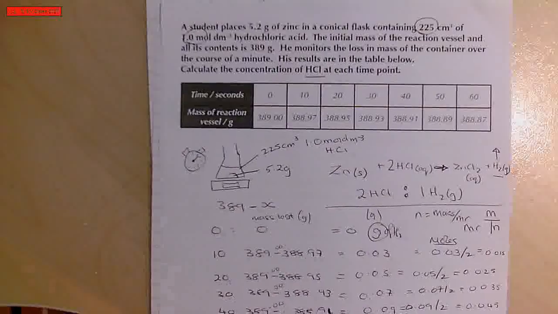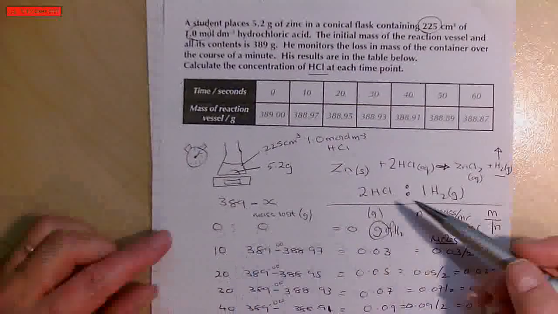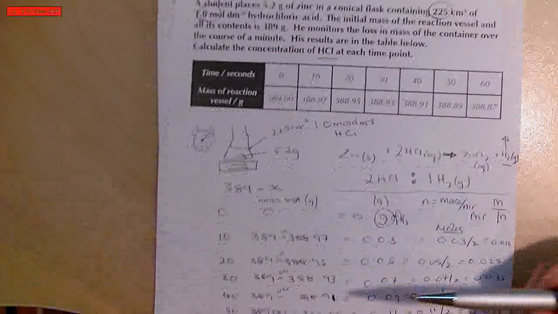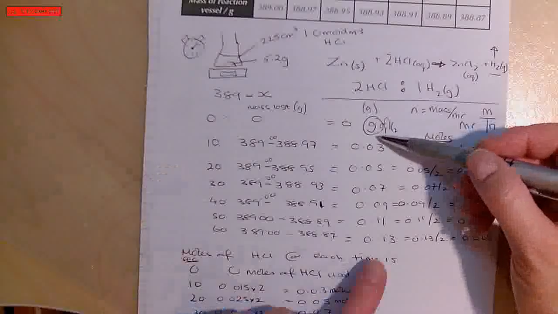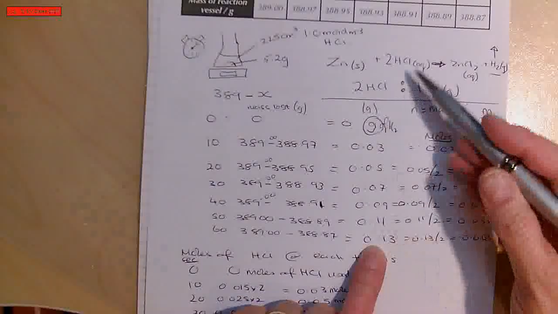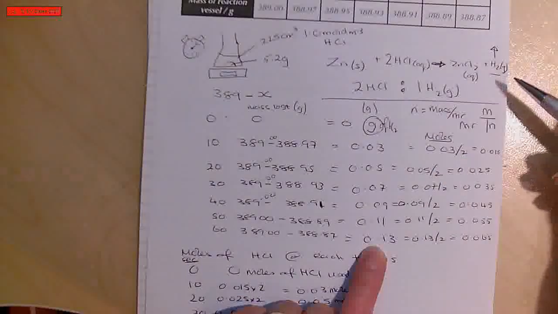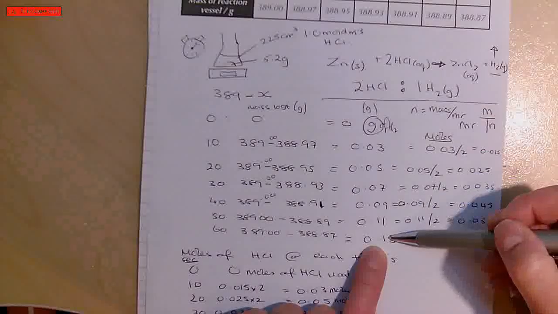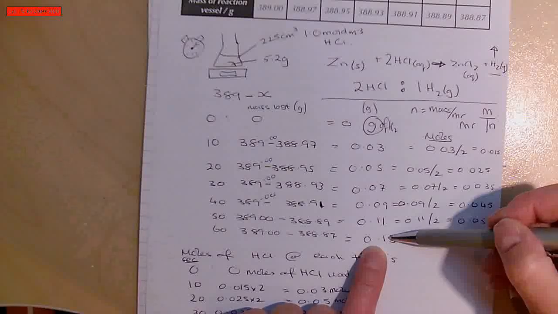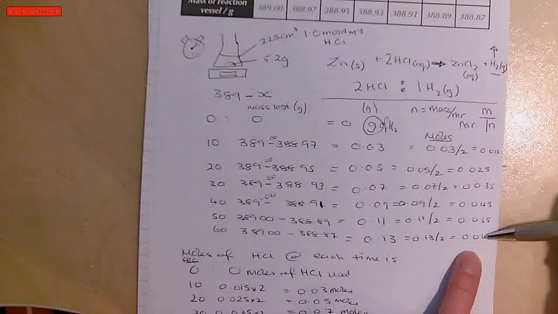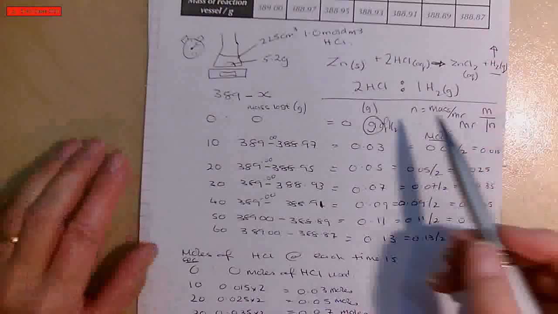So we then looked at the mass lost as the reaction went ahead, and we got the figure in grams. That's the mass of hydrogen that was lost, because that's the only gas that's in here. And then we converted that grams to moles, and hydrogen is diatomic, H2, so the mass of a hydrogen molecule is 2, and when we did that we were able to work out the number of moles of hydrogen lost.